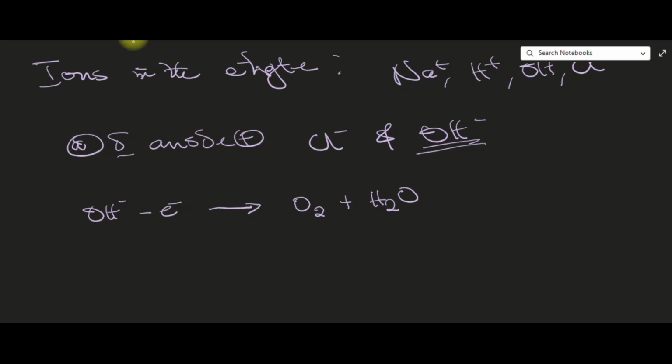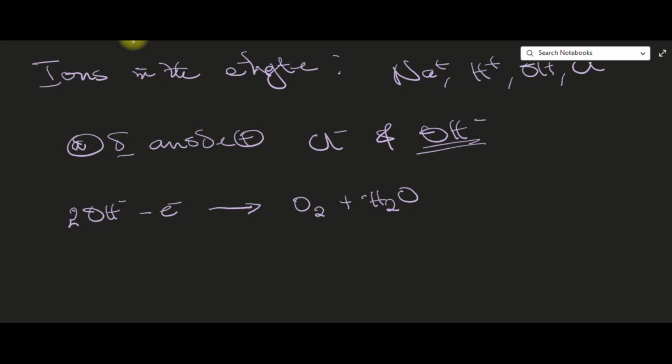We need to balance this equation to know the exact number of electrons lost by OH minus. We have 2 oxygen atoms on one side and 1 oxygen atom and 2 hydrogen on the other. If you put 2 here, we have 2 hydrogen atoms, but oxygen is not balanced, because oxygen has to be 4.